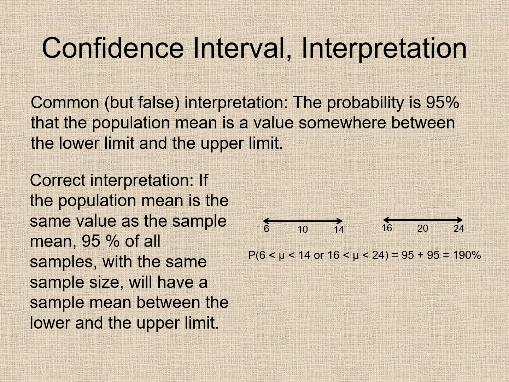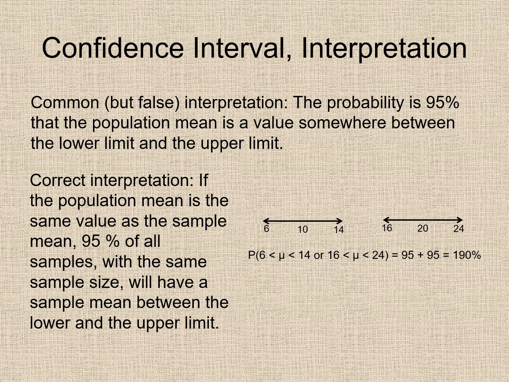Okay, so in this case, if we interpret it in the common way, the probability is 95% that the population mean is a value somewhere between 6 and 14. But imagine the following. From the same population, we draw another sample. And in this case, the sample mean is 20.